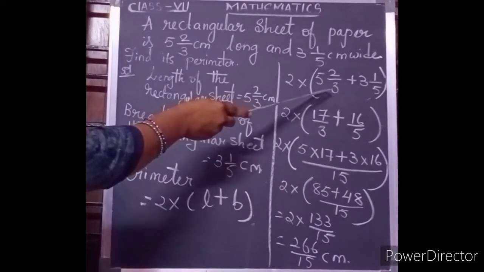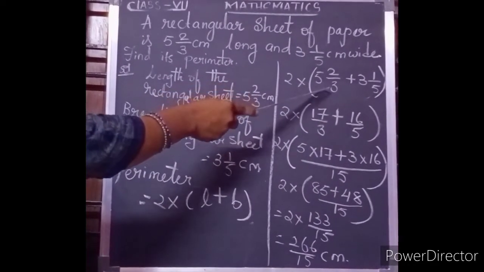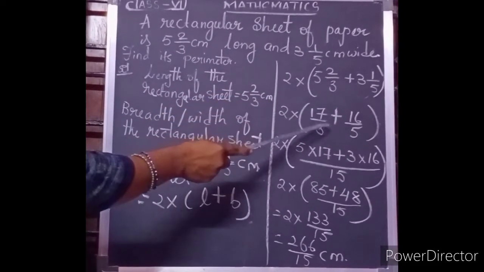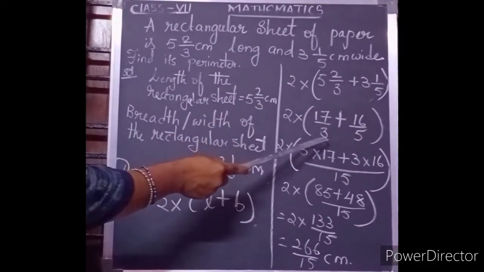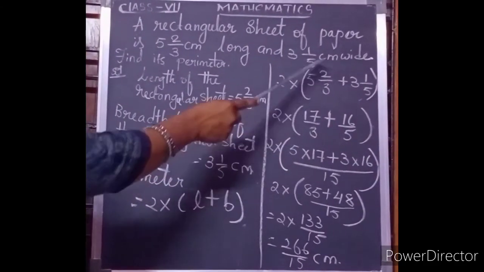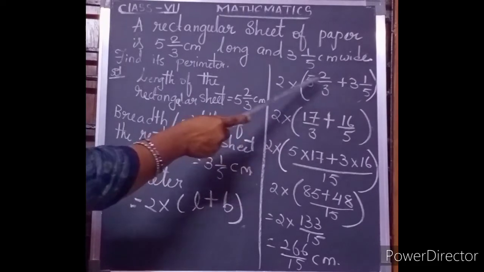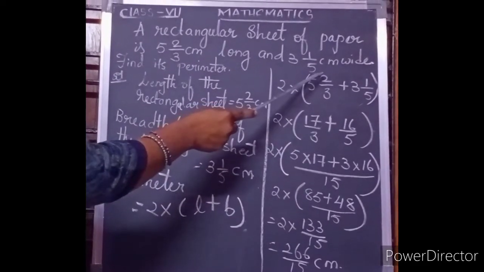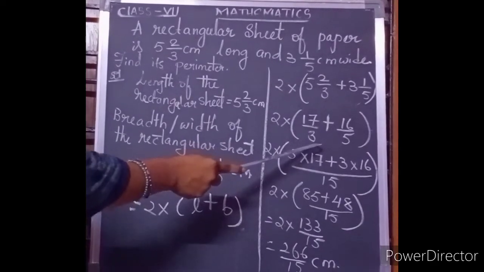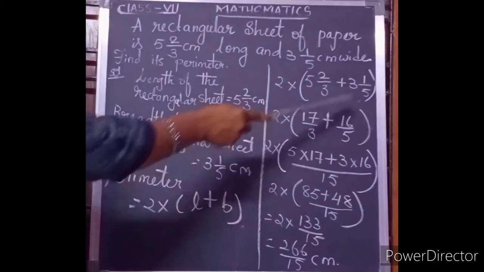Now let us change these mixed numbers to improper fractions. 5 3s are 15, plus 2, 17 by 3. The denominator stays as it is. Once again I will tell you, we should multiply, then add. Multiply 5 3s are 15, then add 15 plus 2, 17 by 3.